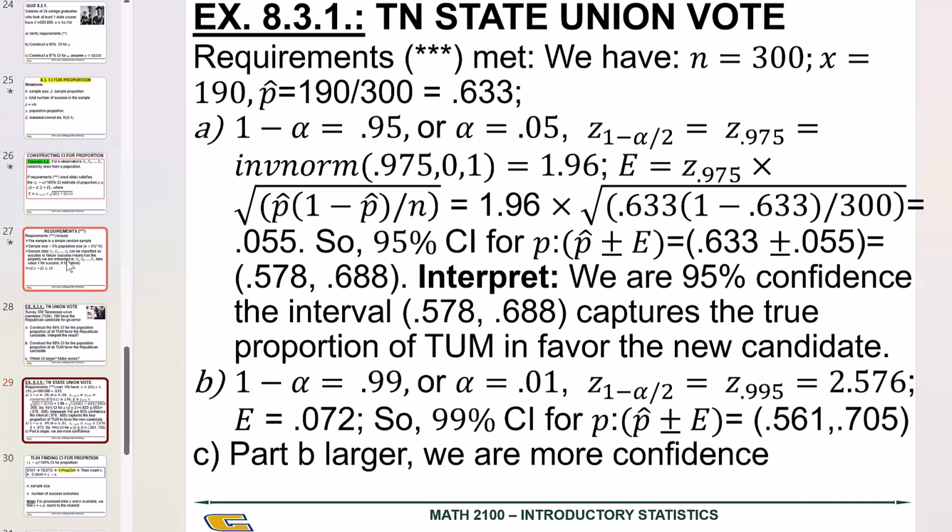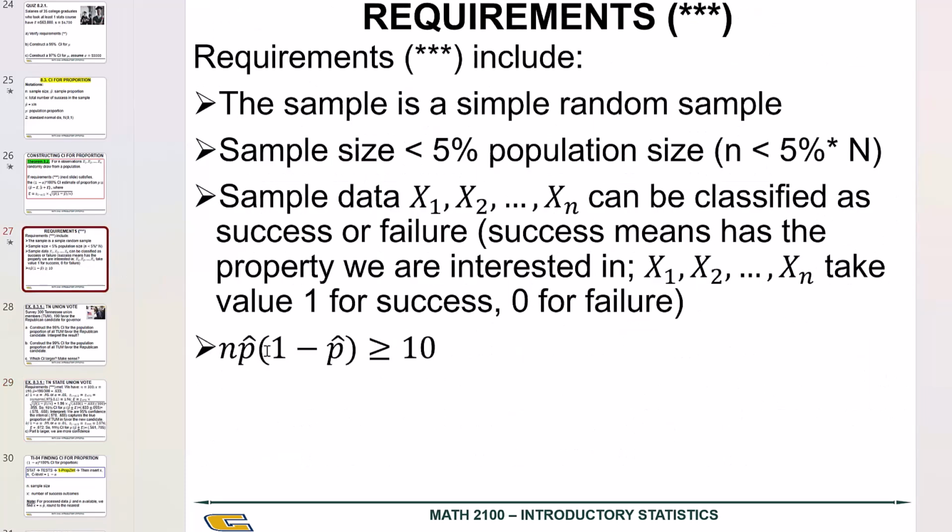So you use 300 times p hat, which is 190 divided by 300, times 1 minus 190 divided by 300. It should give you a number bigger than 10.